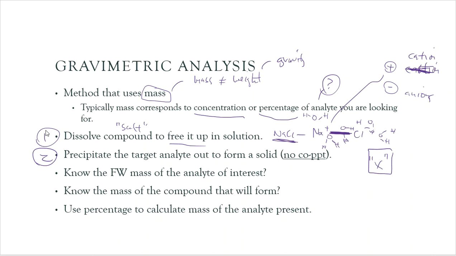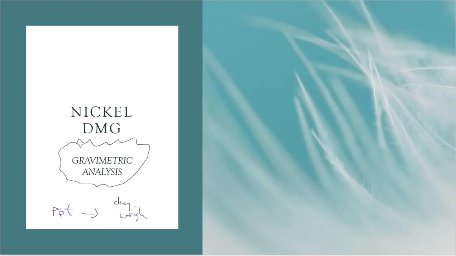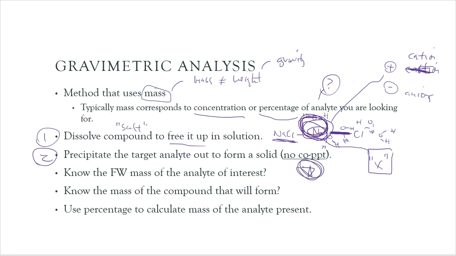Doesn't really matter. But if I can pick something that can come in here and grab this sodium out of solution and suck it out of the solution, then this begins the gravimetric analysis. So I'm going to precipitate the target analyte out to form a solid. And the key here is no co-precipitation. That sometimes is going to be a problem for us.